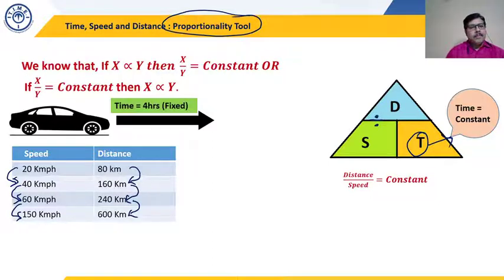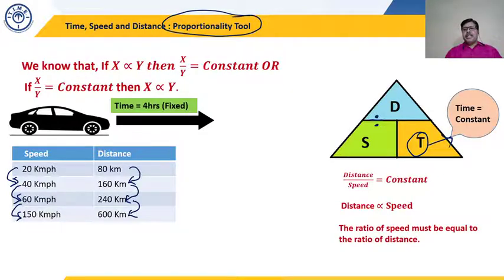It is quite evident from this table that speed and distance are increasing in the same proportion only because time taken is constant. So distance is directly proportional to speed. Why? Because distance upon speed is constant. So if distance increases, speed also increases. So can I say if time taken is constant, then the ratio of speed must be equal to the ratio of distance?